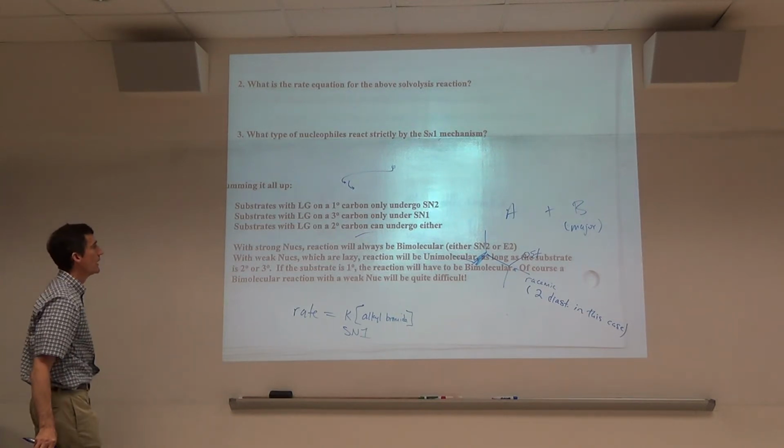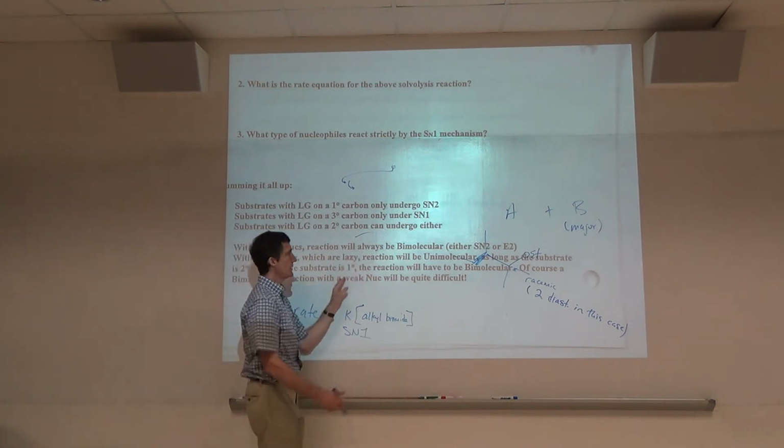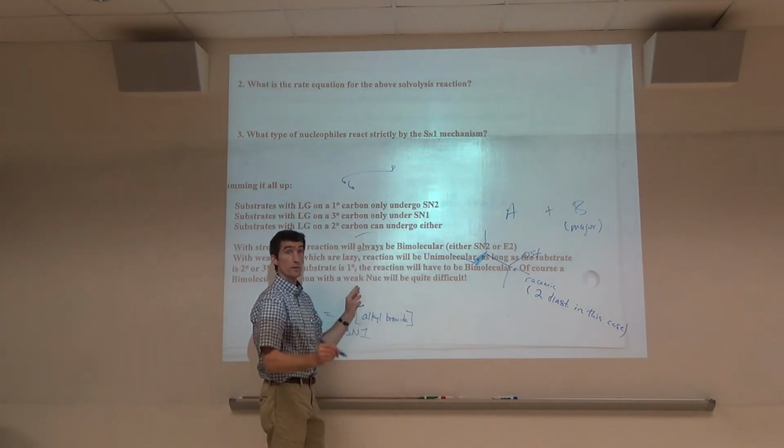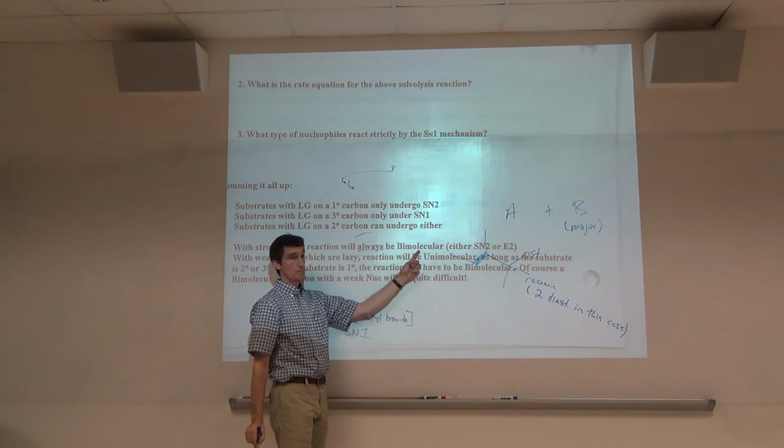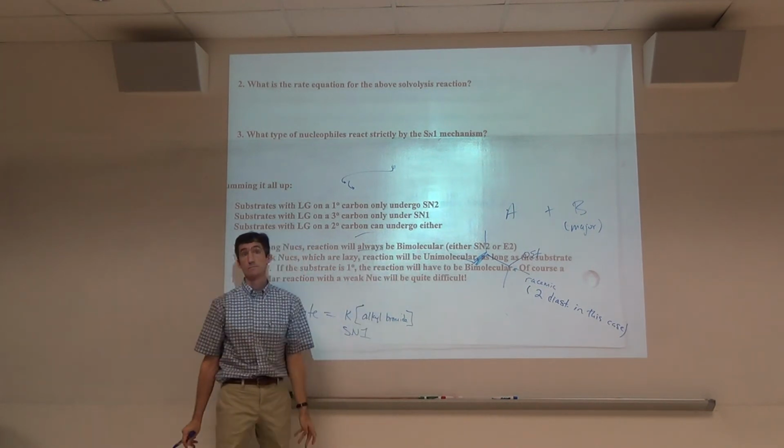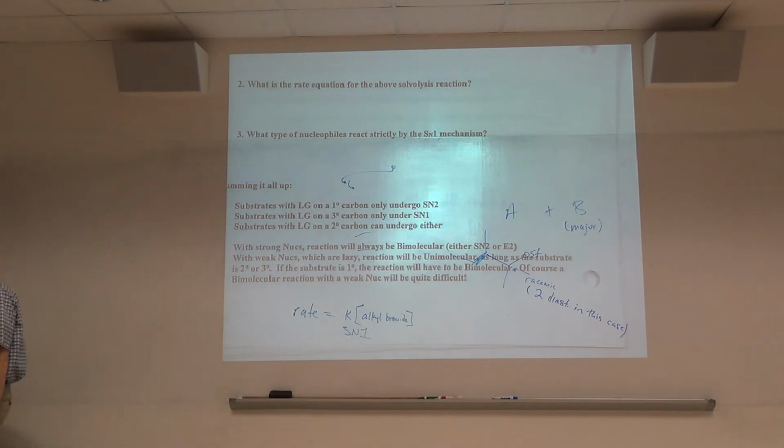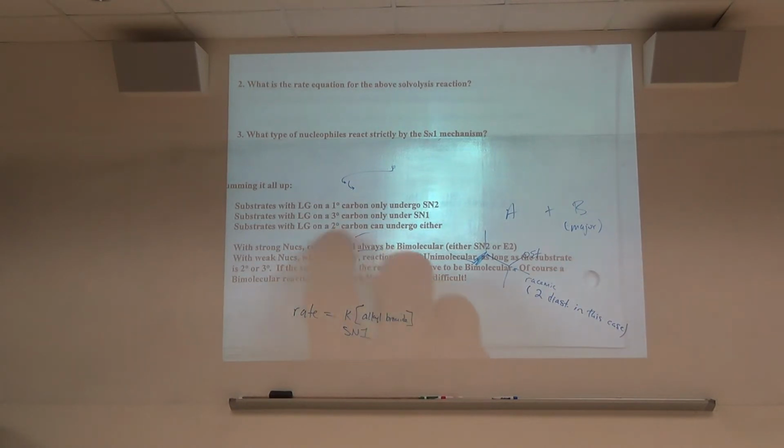No. If it's a strong nucleophile, it will always, I would underline always, be bimolecular. So it's not SN1. But since you can't do SN2, it's probably E2. We haven't got to E yet. Or maybe it won't react at all.